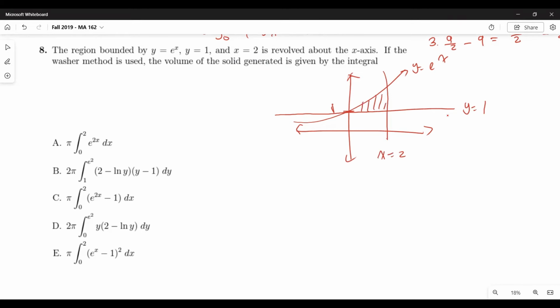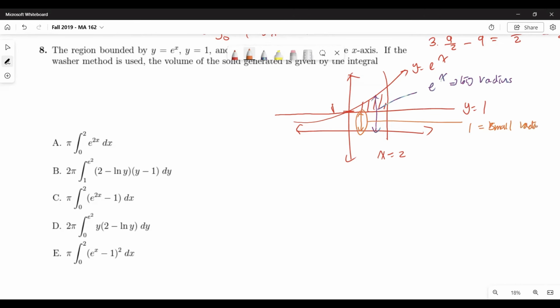If you remember, the Washer method is big radius minus small radius. The big radius is e to the x, and the small radius is this much, like the orange line. So this is 1, the small radius.